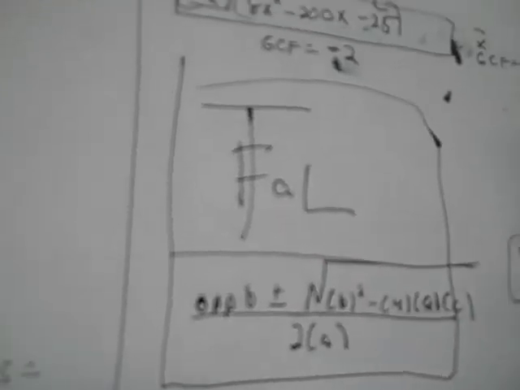So opposite of B, plus or minus the square root, B squared minus 4AC, divided by 2A. So A, B, and C, what do they equal? So A is 8.